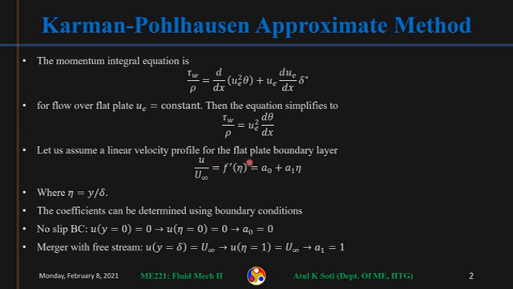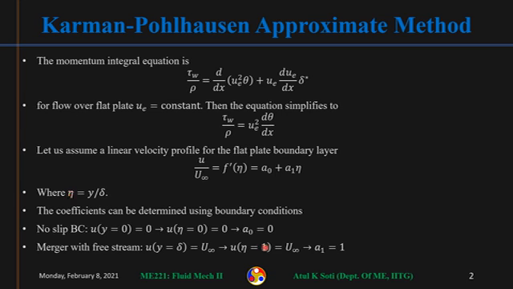The second boundary condition is that when you reach the end of the boundary layer, fluid velocity should become ue, which is equal to u infinity. So it merges with the free stream: when you reach y equal to delta, u should become u infinity, and when y becomes delta, eta becomes 1.